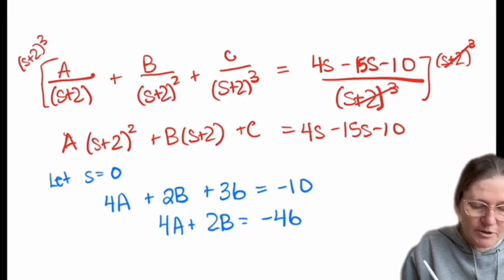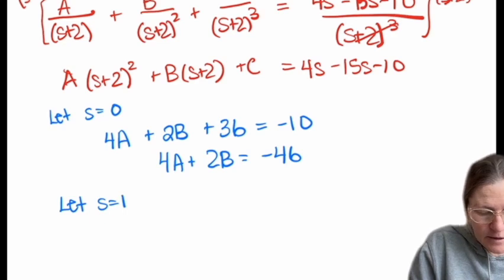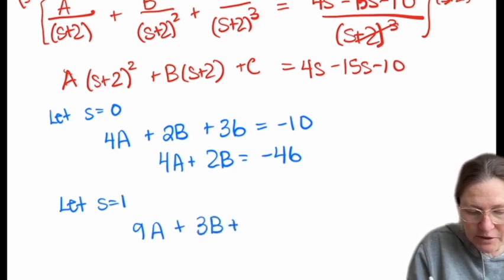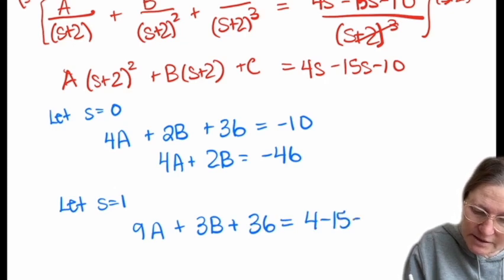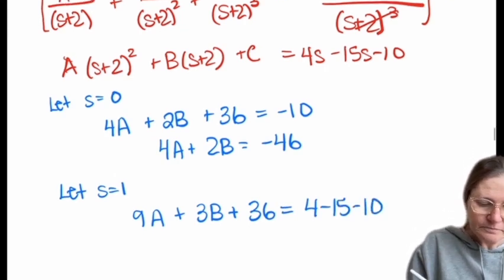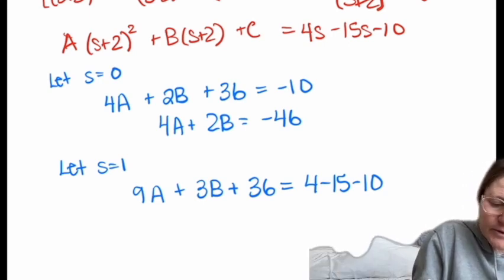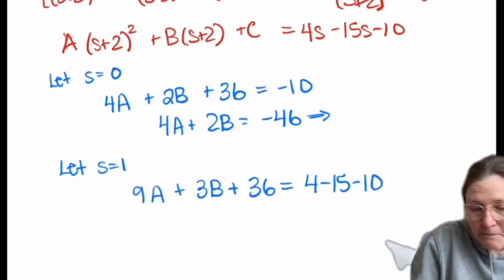and then I'm going to pick another one, let s equal 1, and that gives me 3 squared, so 9a plus 3b plus 36 equals 4 minus 15 minus 10. And then I can use both of these. I can solve this one for b.